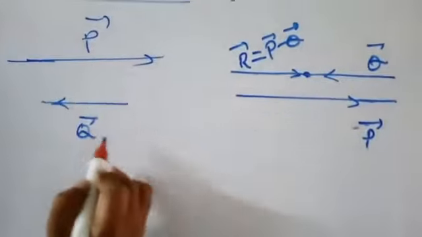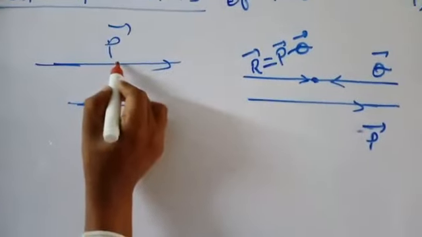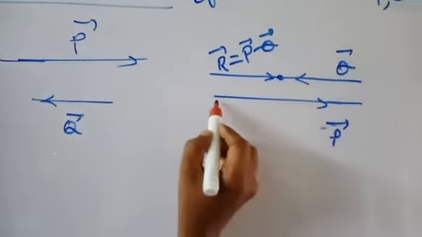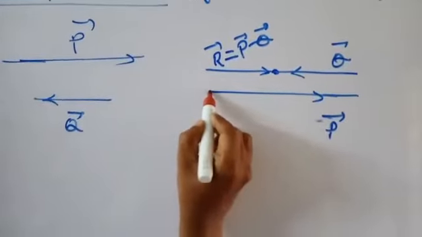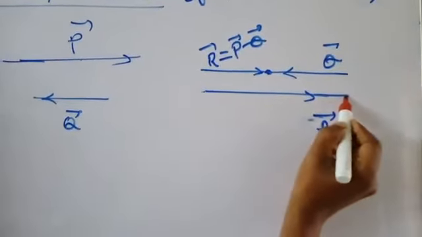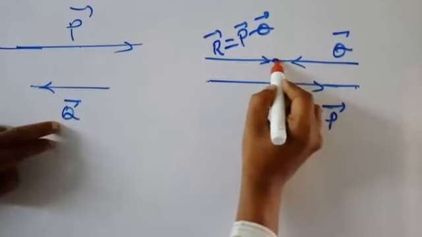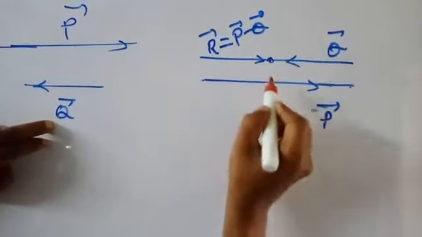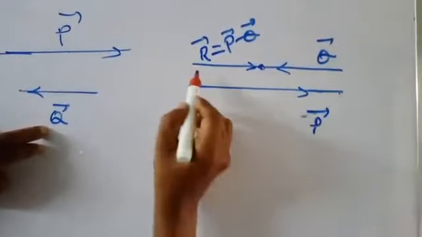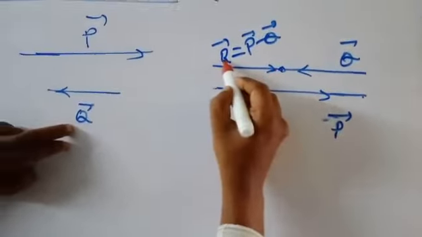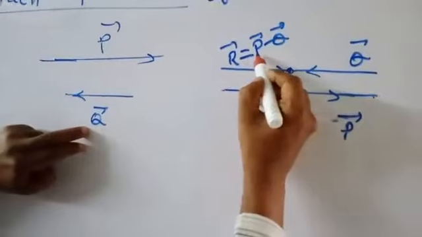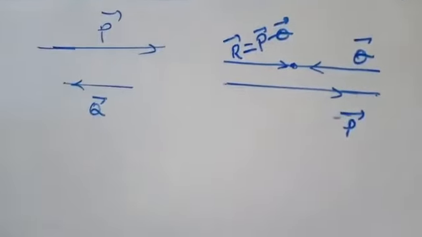Then we have to subtract Q bar from P bar. So I draw the P bar in this direction, and the Q bar is in the opposite direction. So this is the Q bar. The resultant is P bar minus Q bar. So this is the resultant: R is equal to P bar minus Q bar.